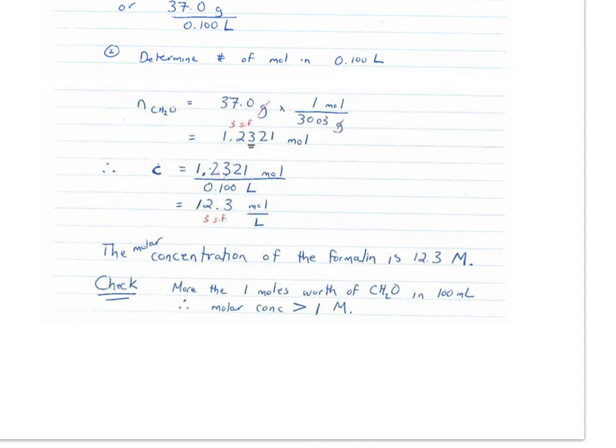So overall, what we've done here is learn some different strategies for solving concentration problems dealing with different expressions. And so now would be a good time after watching this to go and practice some on your own and see if you can apply some of these strategies on your own.